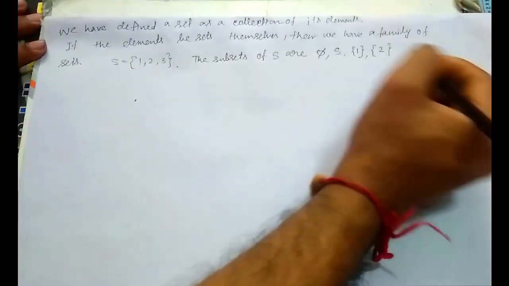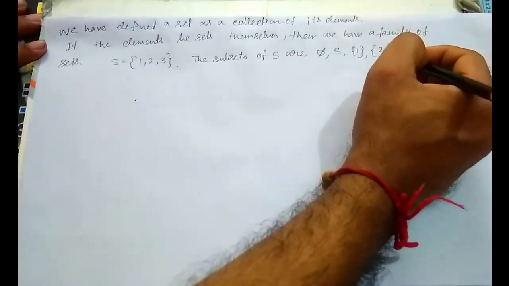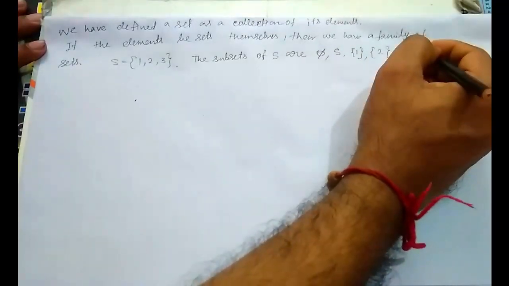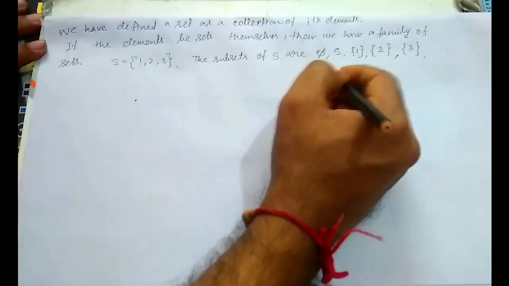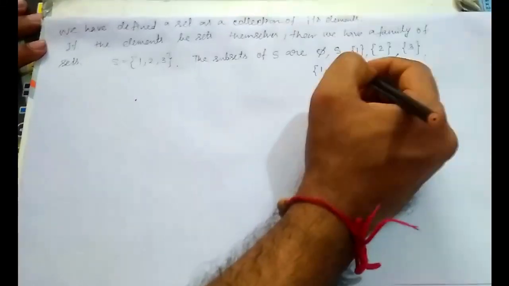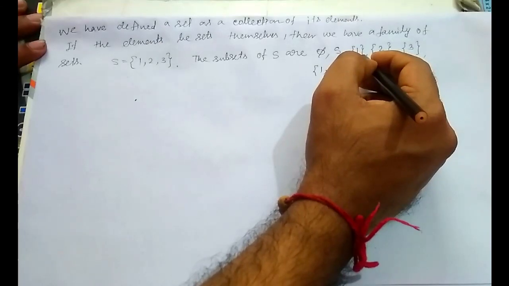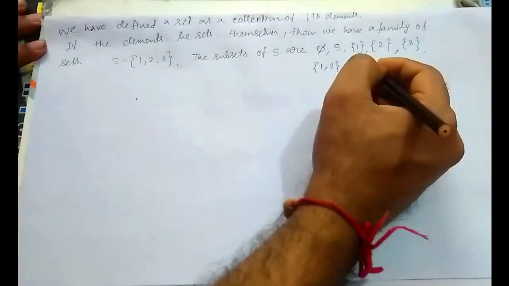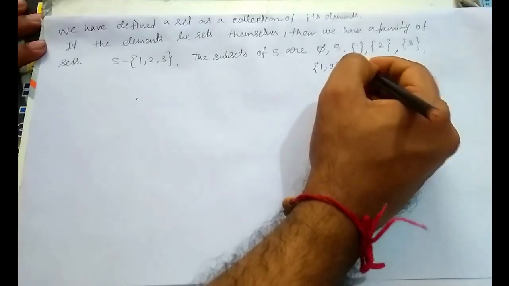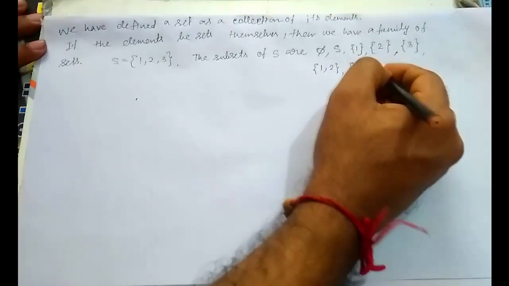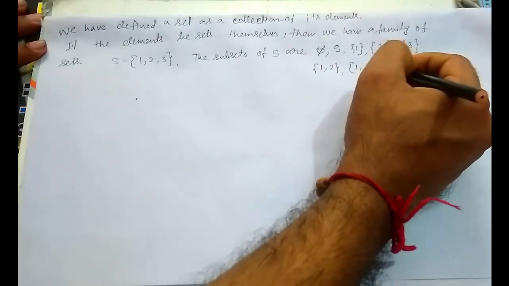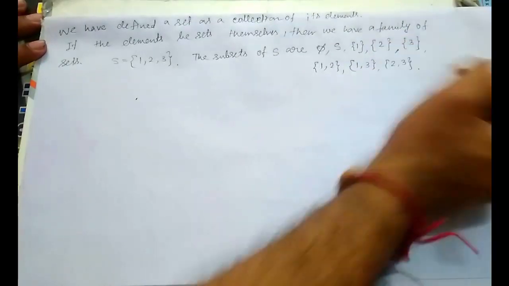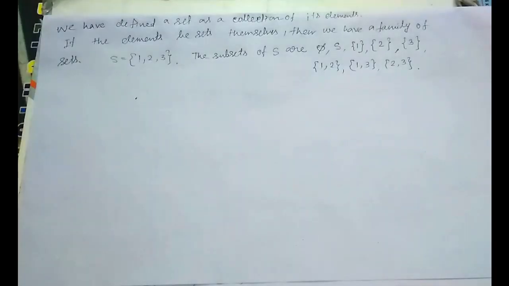The set is containing only one element. Okay, this is a subset, this is a subset, this is a subset of set S. Okay, this is another subset of S, and this is the last subset of S.